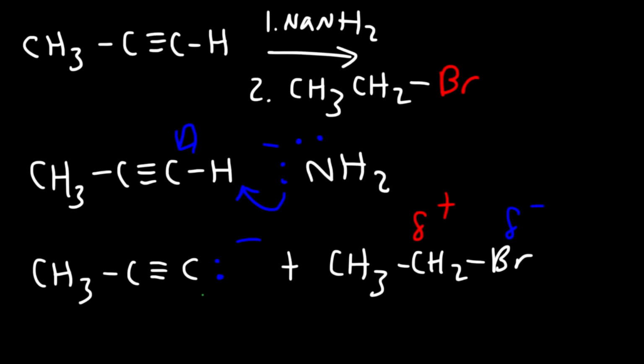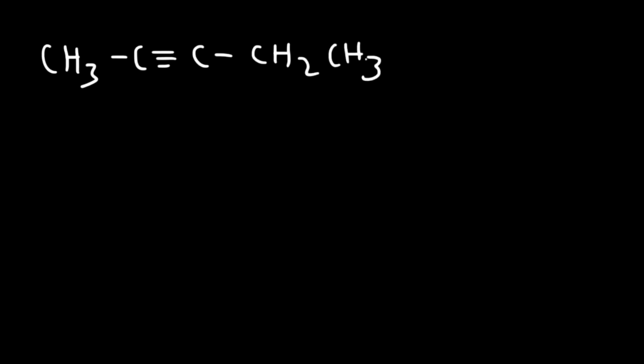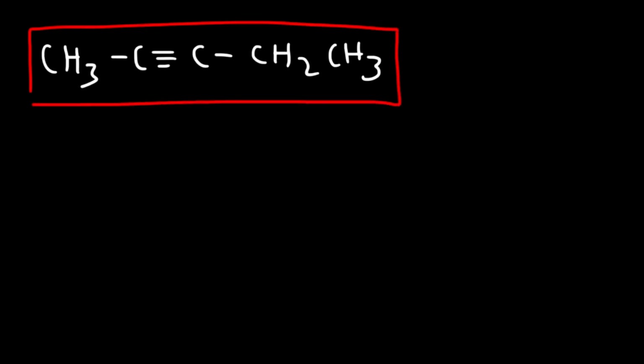And so a nucleophilic carbon will attack an electrophilic carbon, creating a carbon-carbon bond. And so the end result of this reaction will be this product. So here we have the triple bond, and we've added an ethyl group to it. So that's one way in which you can make carbon-carbon bonds. It's by combining a nucleophilic carbon with an electrophilic carbon.